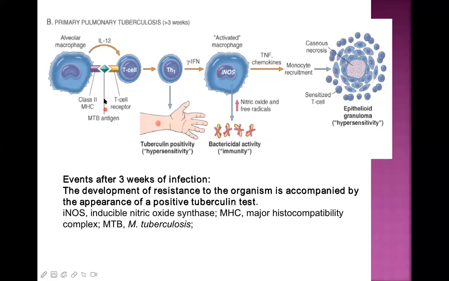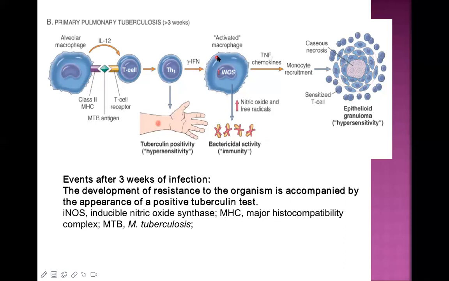Now see here. This T cell will become activated and it will differentiate into a Th1 helper cell. Now this cell will release interferon gamma, a very important cytokine, which will stimulate this alveolar macrophage, which was not very active before.